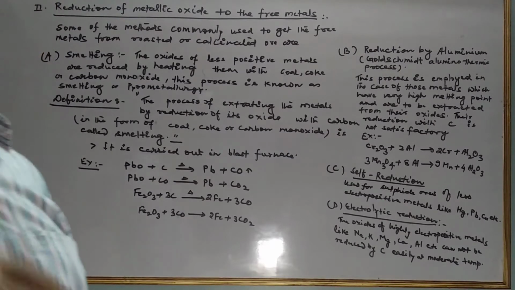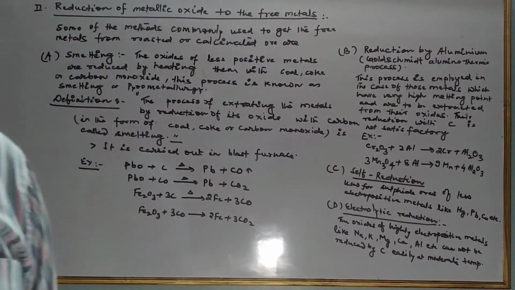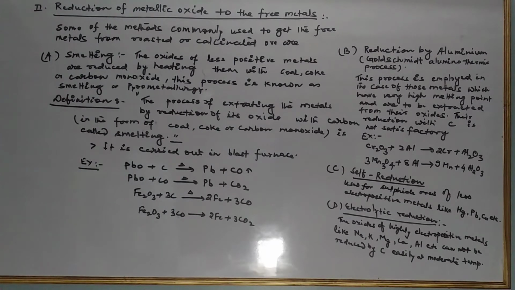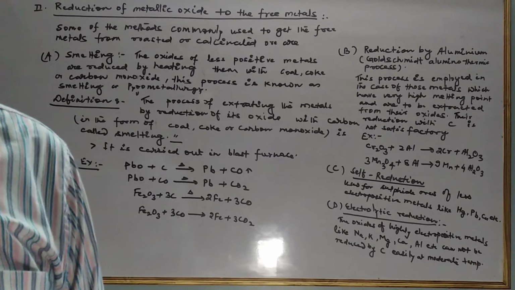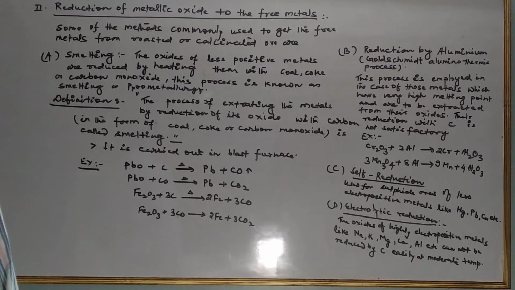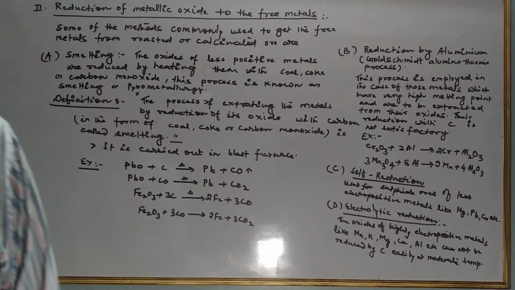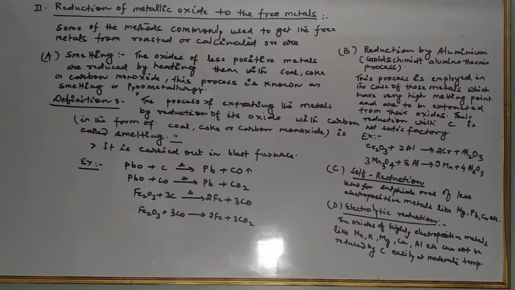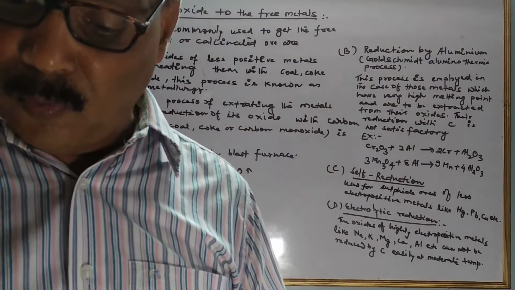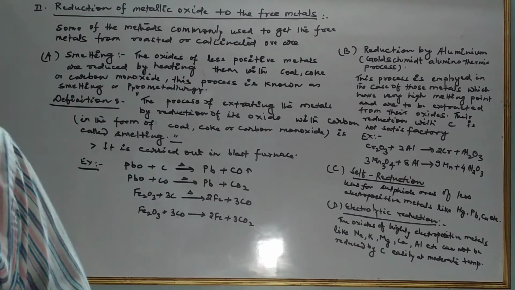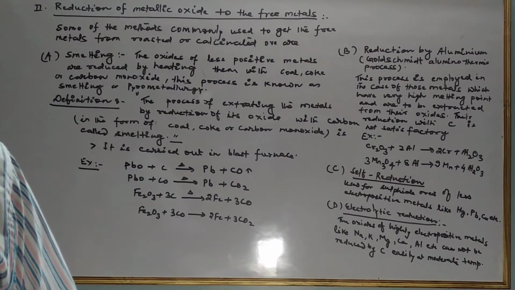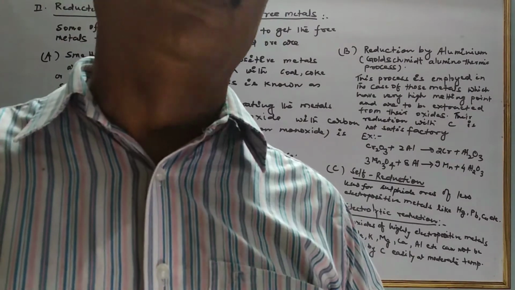And the variation in the temperature requirement for thermal reduction, and which reducing agent is suitable for the reduction, can be understood with the help of the thermodynamic principle of metallurgy and Ellingham diagram that we will discuss later on.